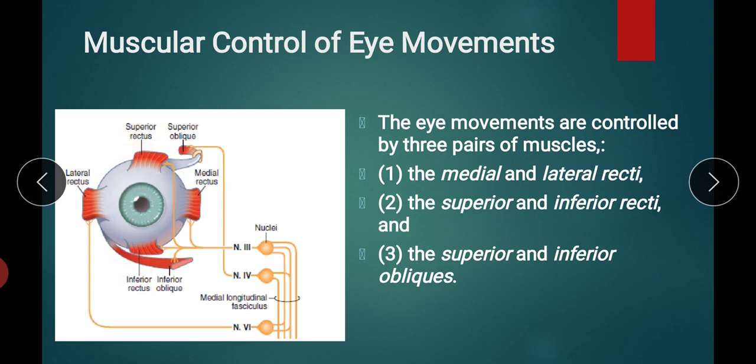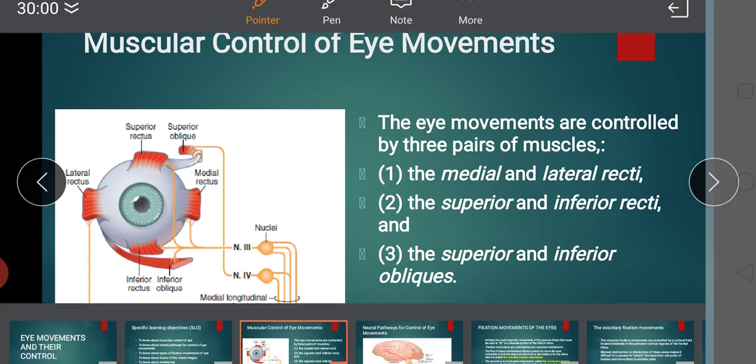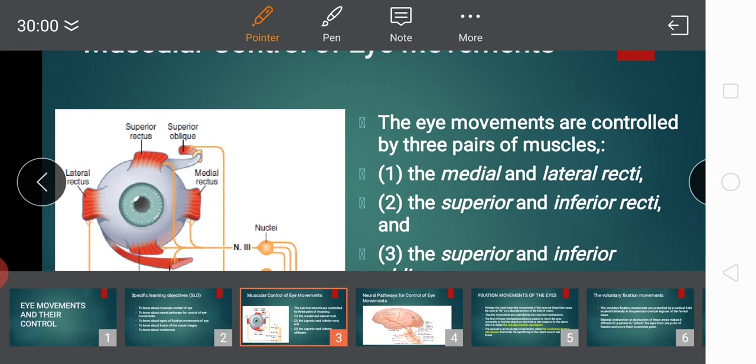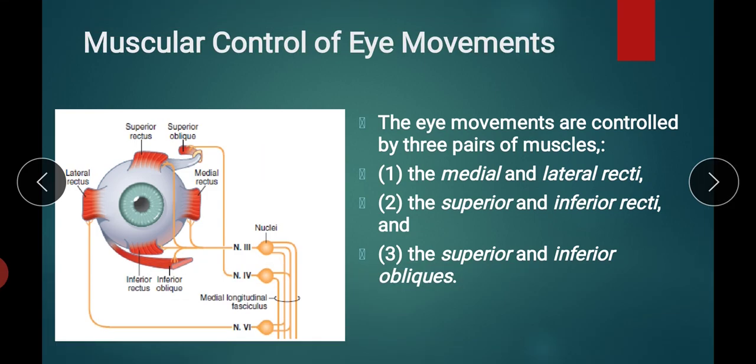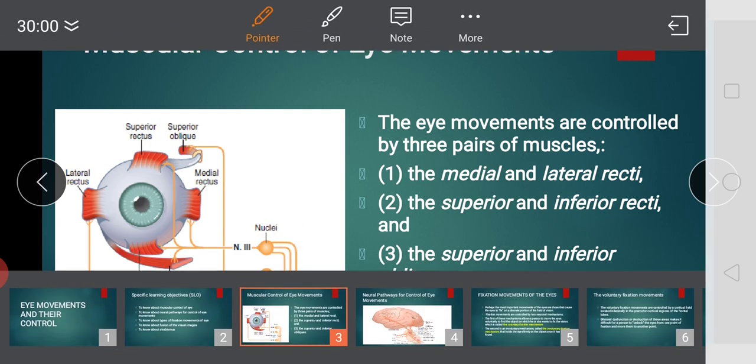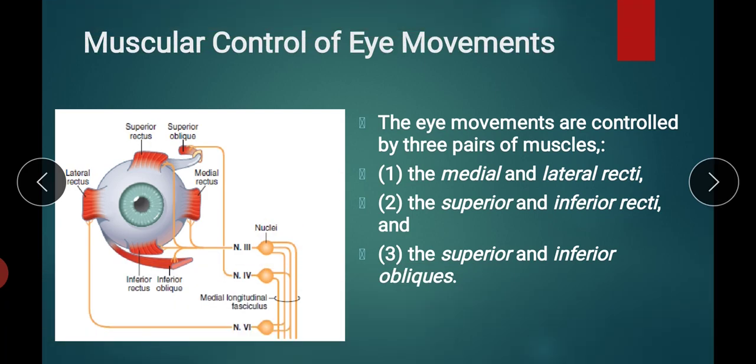And the anteroposterior axis, imagine one axis which passes through the center of the eyeball, around which the rotational movement occurs, intorsion and extorsion. So these three types of anatomical movements are there, and these muscles are mainly controlled by the cranial nerves third, fourth and sixth.